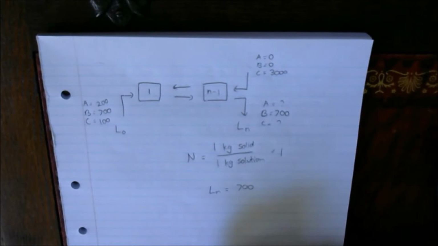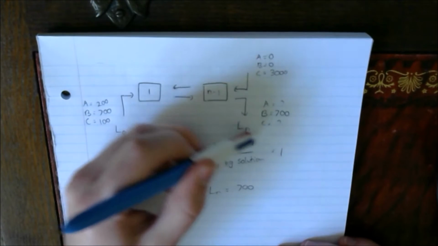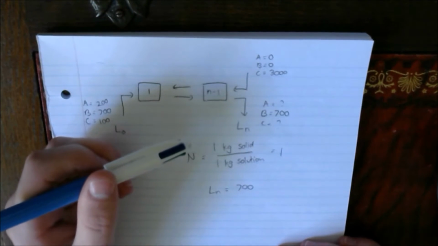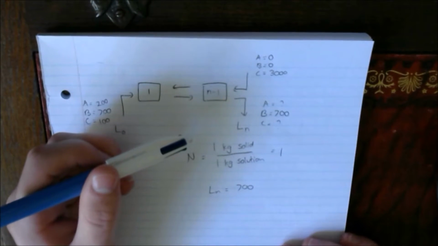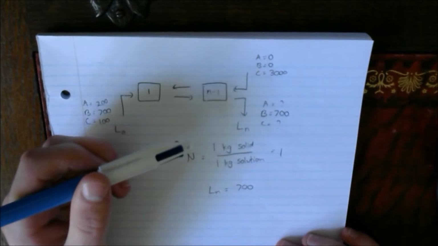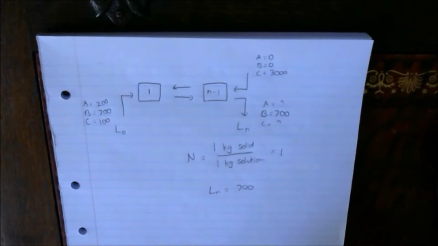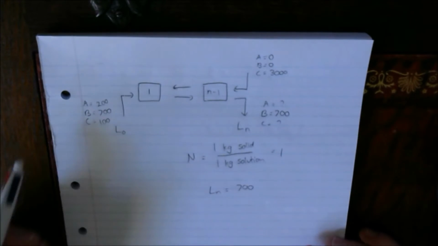However, we are told that the final underflow sludge must not contain more than 0.4% copper sulfate. So it's talking about this stream down here. And the question is a little bit vague. I'm not entirely sure whether that 0.4% refers to the concentration of the copper in just the solution or the concentration in the entire stream, so whether or not it includes the solid.